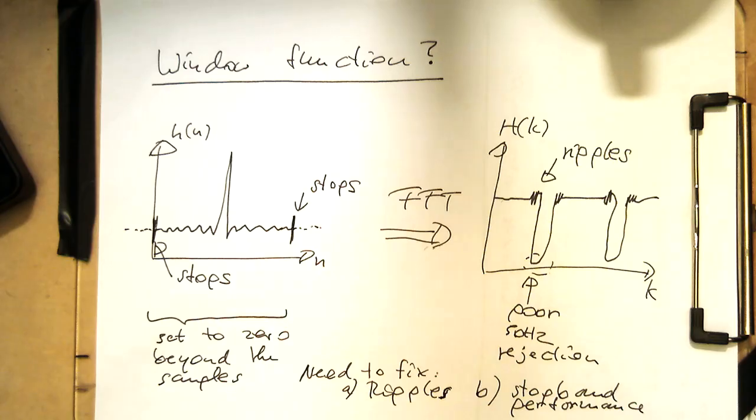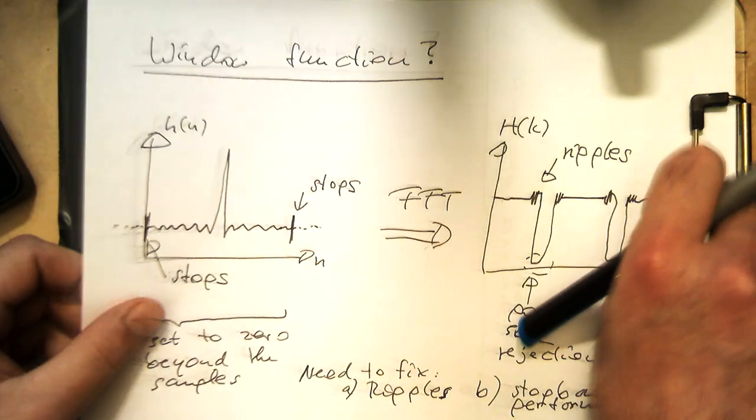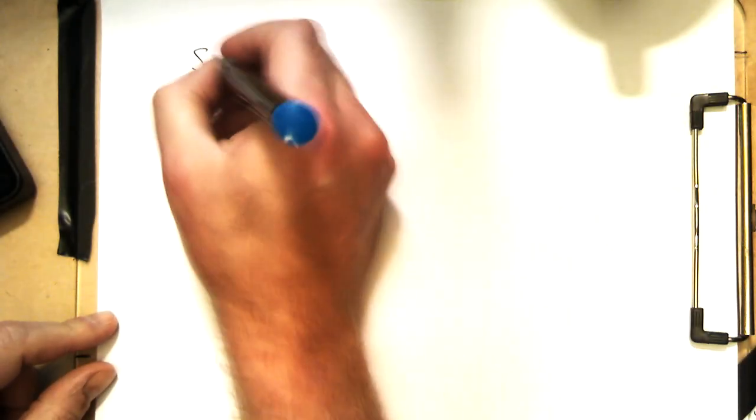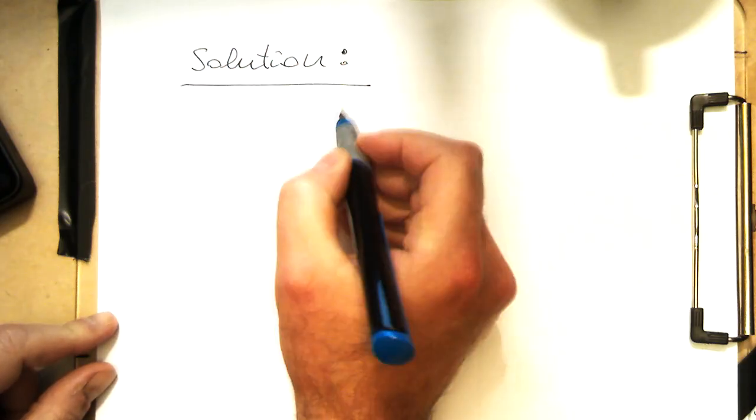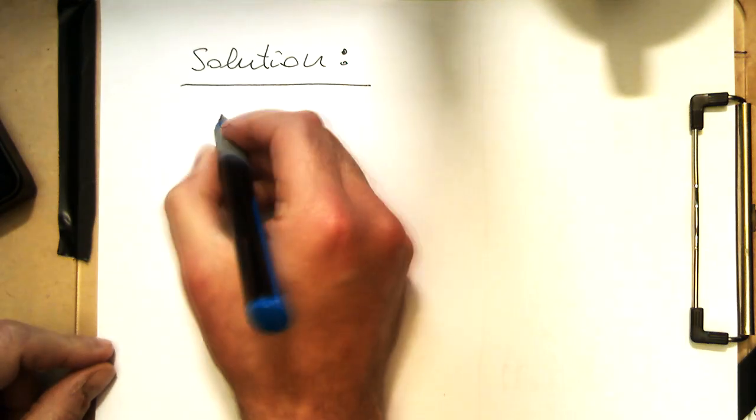So both factors are not ideal, and so how can we fix that? And so the solution is a so-called window function.